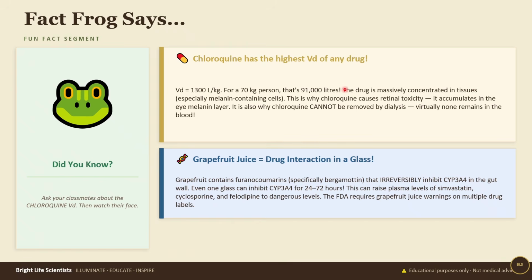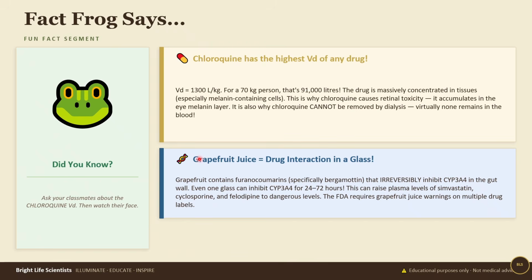Well, it is massively concentrated in tissues, especially melanin-containing cells, including the retina. This is why chloroquine causes retinotoxicity with long-term use. It literally accumulates in the eye, and it cannot be removed by dialysis. There is virtually none left in the blood to filter out. Ask your classmates what's chloroquine's VD, then watch their faces.